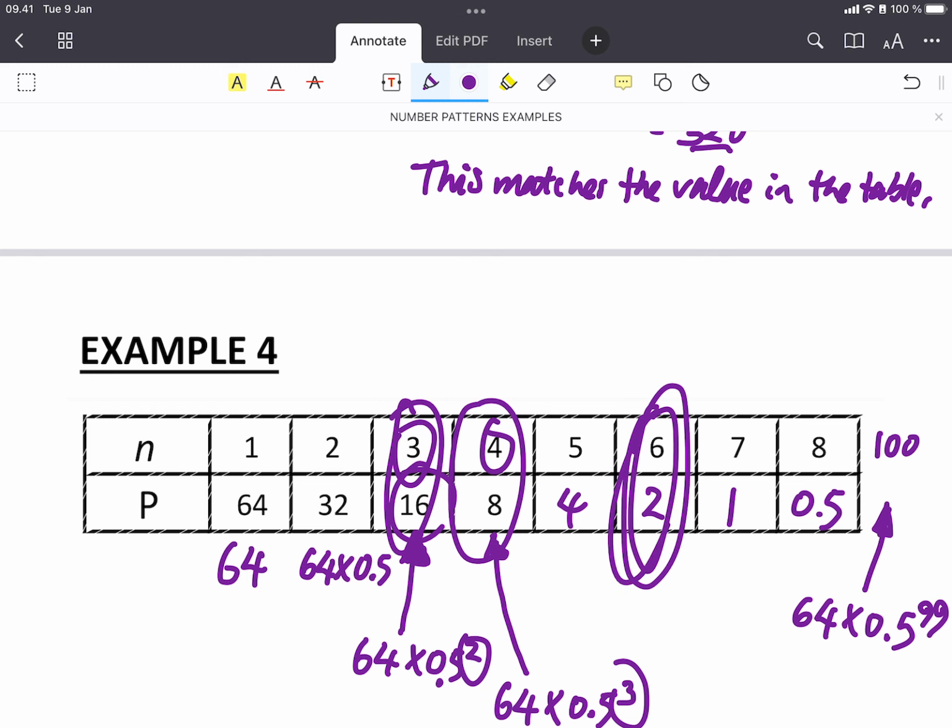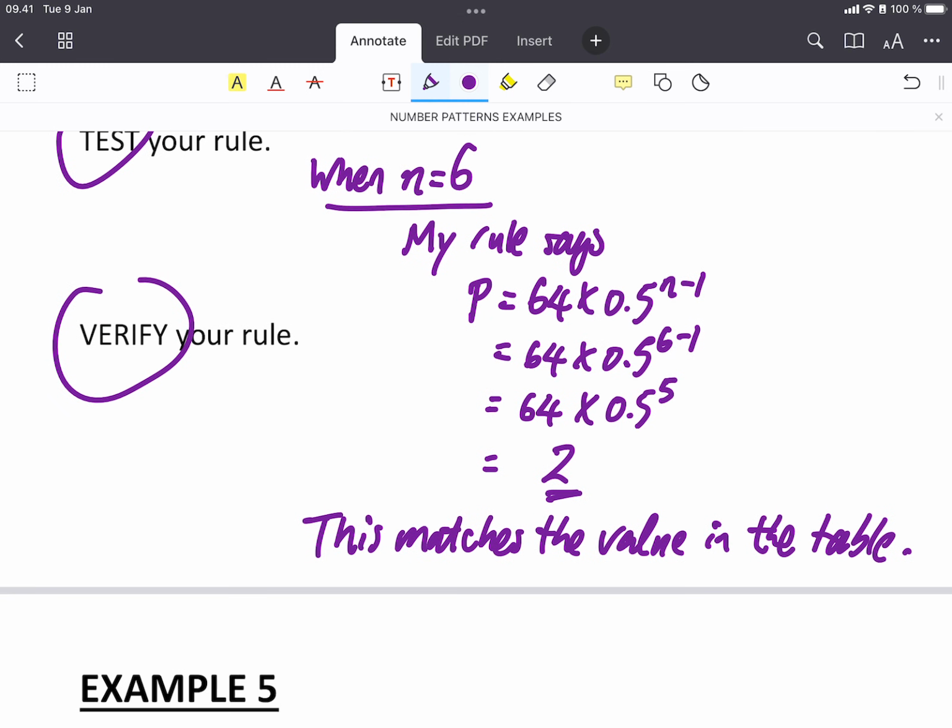And this matches the value in the table. So once again, you could stick this into Desmos calculator, paste it in the response box on the exam, and get the answer too, rather than having to spend too much time worrying about that calculation and trying to do it mentally. Okay, so that was geometric patterns.